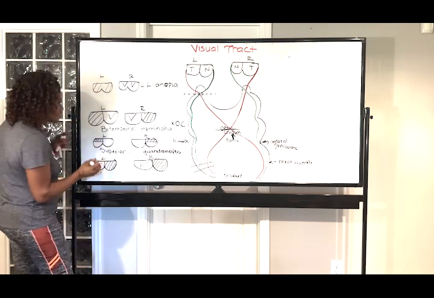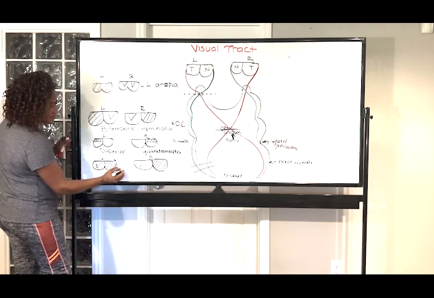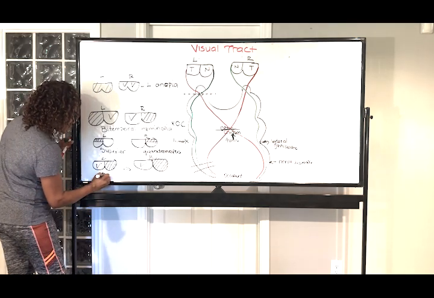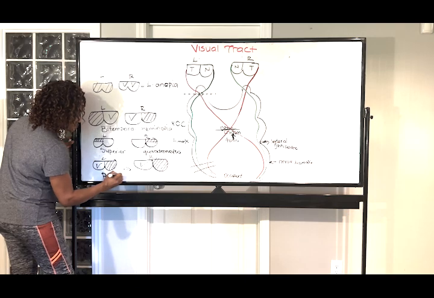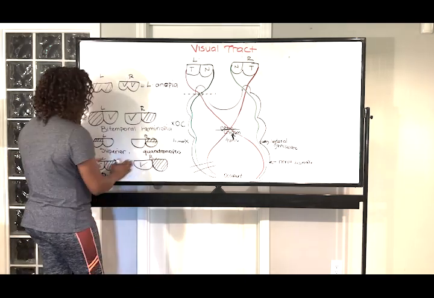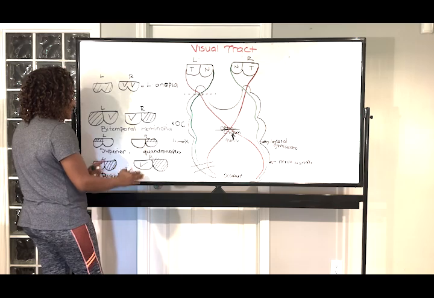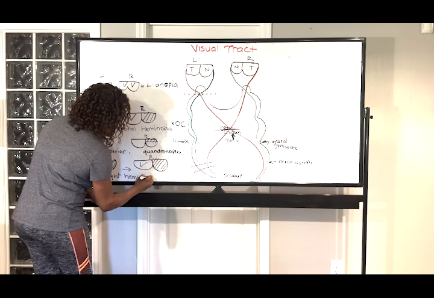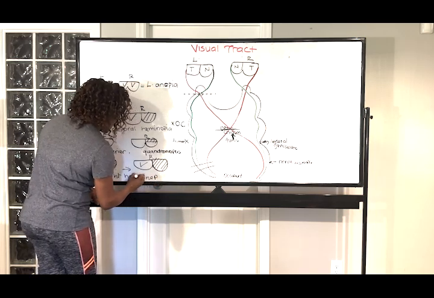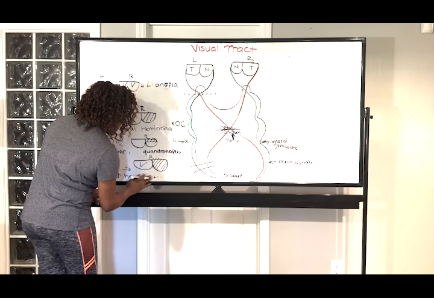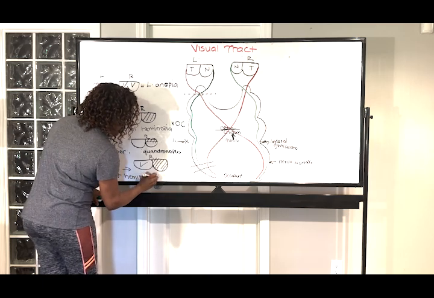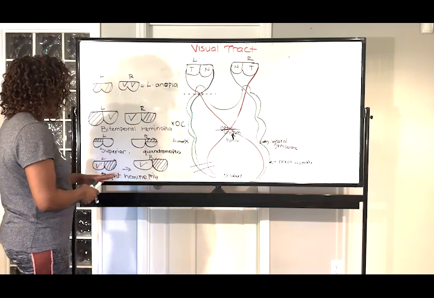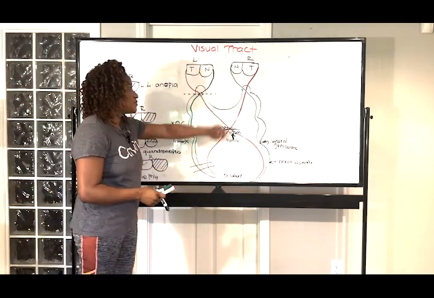And because the lesion looks to the right, like this, it's going to be a right hemianopia, named for the side of the visual field. So you're going to end up with a right hemianopia.